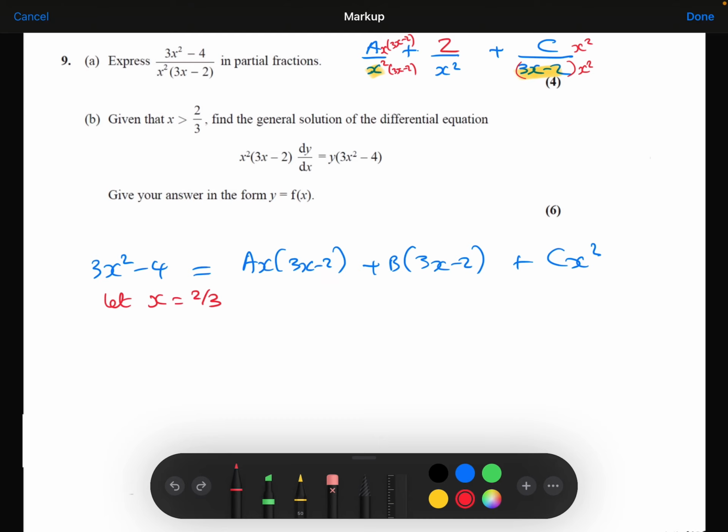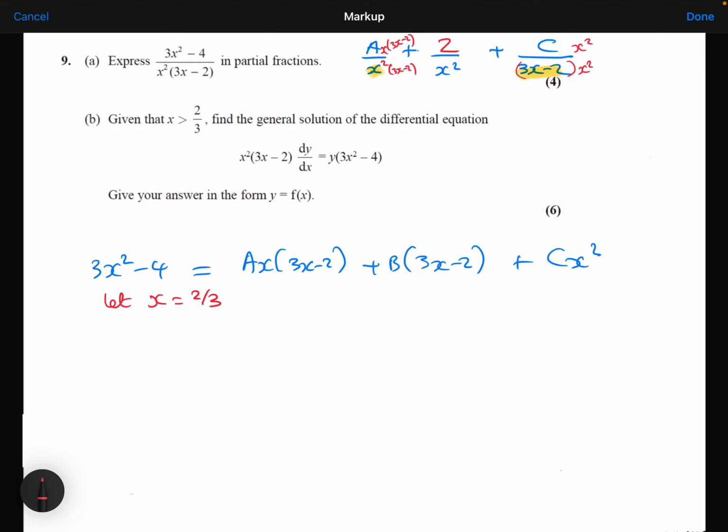So if I substitute 2/3 into the left-hand side there, I get 3 times (2/3) squared minus 4, which is minus 8 over 3. And like I said, the A term and the B term disappear, and I get C times (2/3) squared, which is 4 over 9.